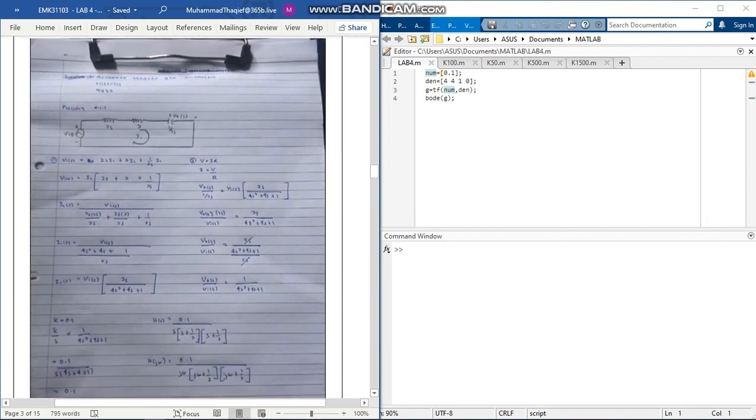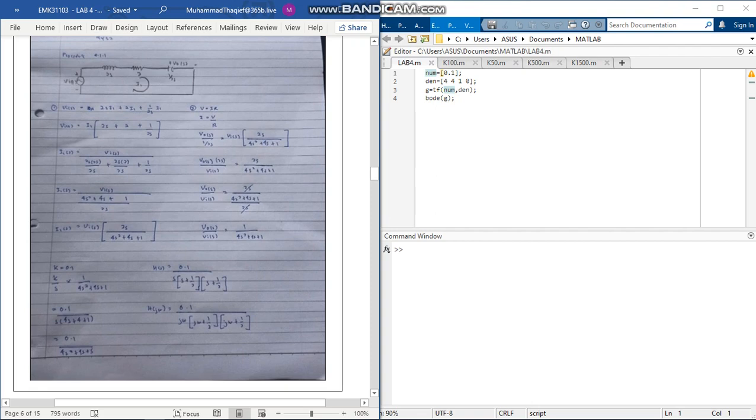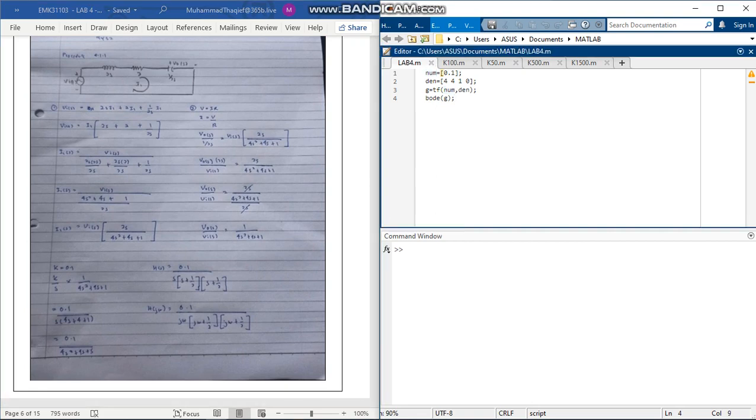Okay, so this is the calculation for deriving the RLC circuit, and after we are done deriving, we put the code in MATLAB. So the numerator is K, 0.1, and the denominator is 4410. G is for the transfer function, with numerator and denominator, to obtain the Bode plot.